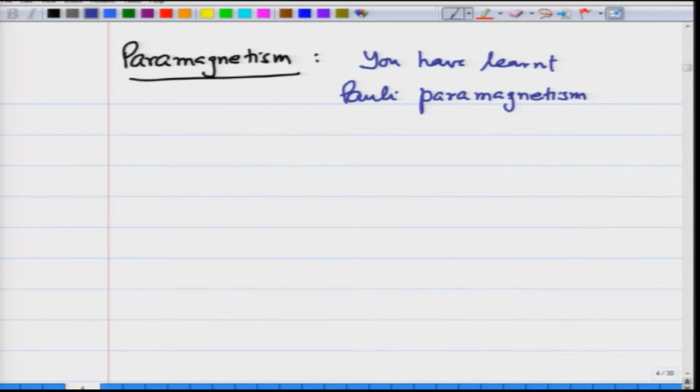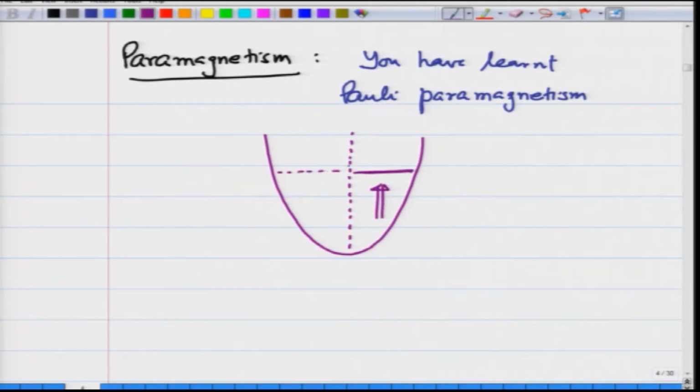What was Pauli paramagnetism? It was if I have a system of electrons, free electrons, half of them have spin in one direction and the other half have spin in the opposite direction, and the line in the middle is the dividing line, if you like.